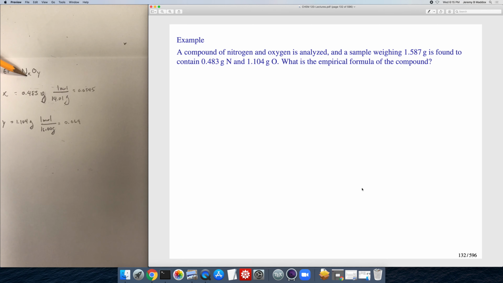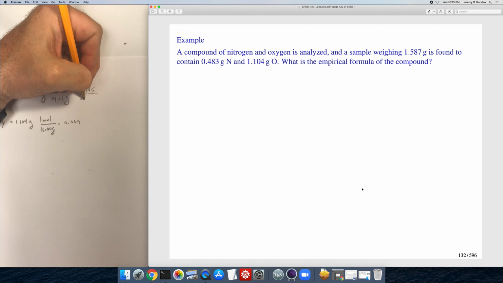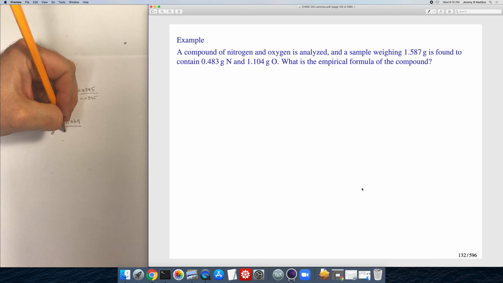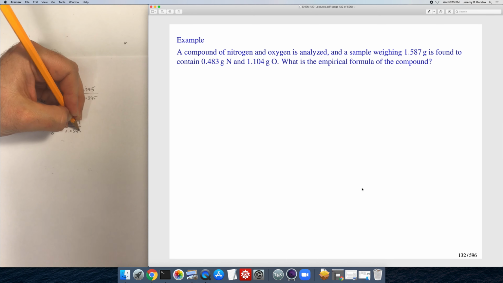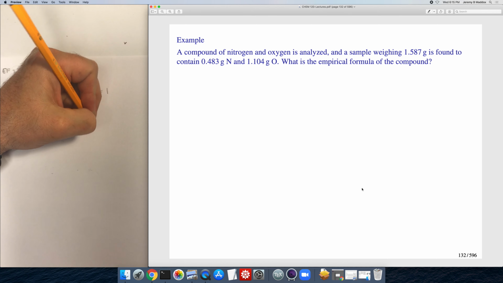Now, obviously, we're not used to having decimal numbers in our chemical formulas. In fact, that's not desirable. What we want to do is get these into whole numbers. So you take a look at the two numbers, and then you divide by the smaller of the two. I'm going to take the 0.0345 and divide both numbers by that number. That's going to give you 1, and we're going to find that the other gives us 2.